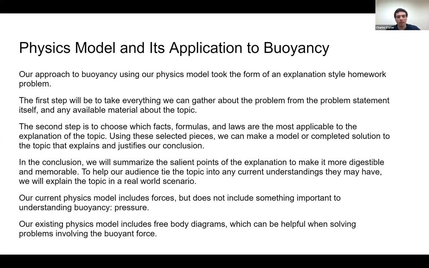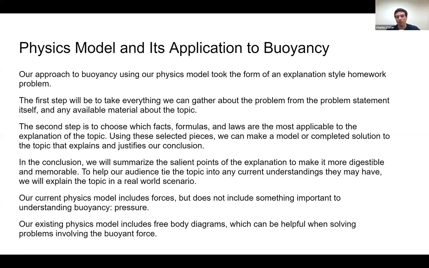So the first step in approaching this problem is to apply our physics model to the topic, which in this case is buoyancy, as this was the problem we chose. The first step in applying this model is to gather everything we can about the problem from the problem statement and any available material, including those found online or in the textbook.